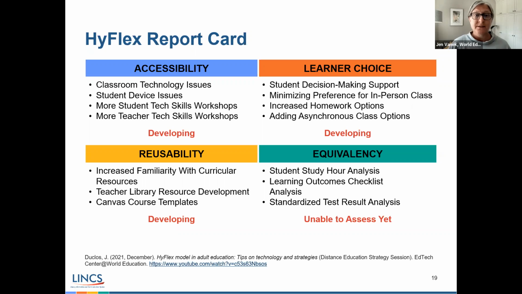Around learner choice, as you saw in the previous slide, they definitely had options for student decision-making. They were minimizing preference for in-person class by making sure the asynchronous and remote options were high quality. And increased homework.